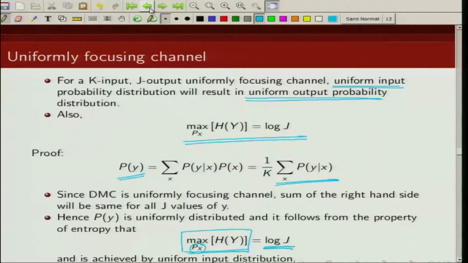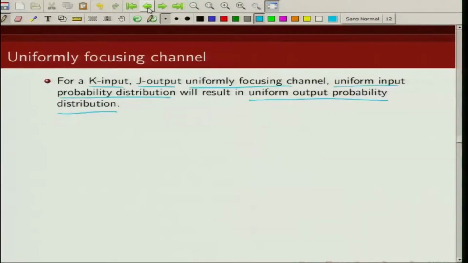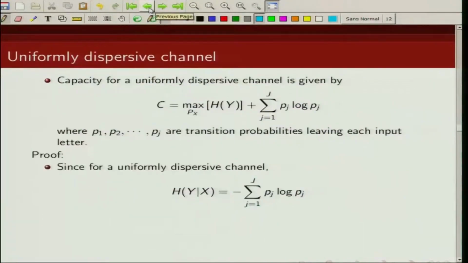The answer is yes. What was the capacity of a dispersive channel? Capacity of a dispersive channel is this, maximizing h of y over p of x. Now for a uniformly focusing channel, we know what this quantity is, and for a uniformly dispersive channel, we know what this quantity is.